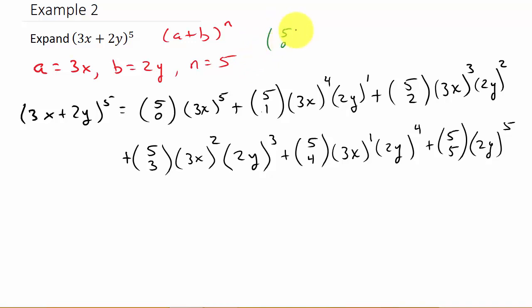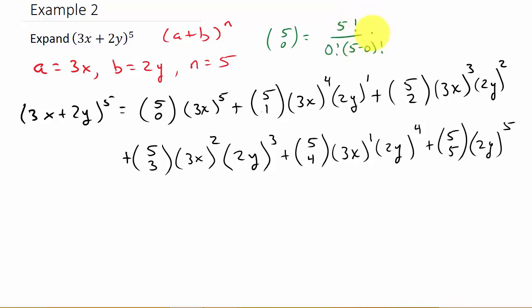Combination 5 choose 0. So remember the formula, okay? That's 5 factorial over 0 factorial times 5 minus 0 factorial. Write that formula down from earlier in the video.